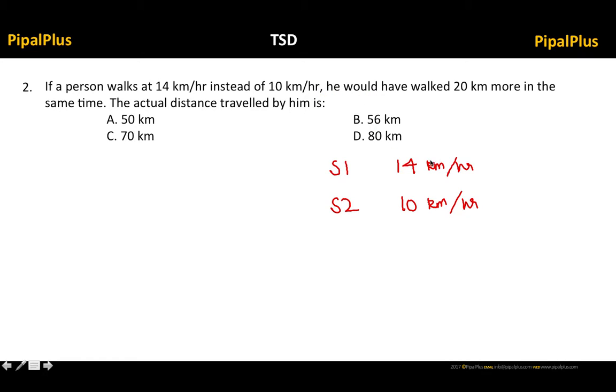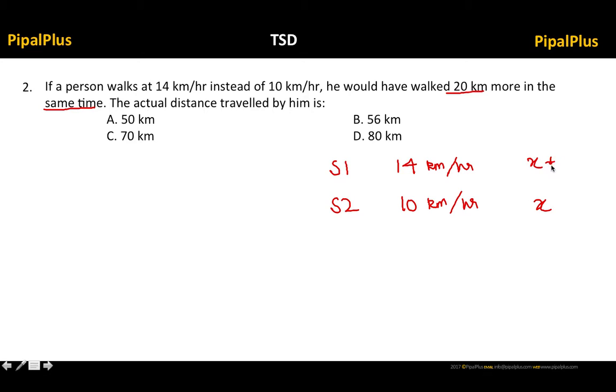Now, obviously, when he travels at 10 kilometers per hour, the distance he covers is, let's say, x, which we don't know. But when he walks faster, he's able to travel more, because the time taken for both these situations is the same, right? And the question tells us that he's able to walk 20 more kilometers.